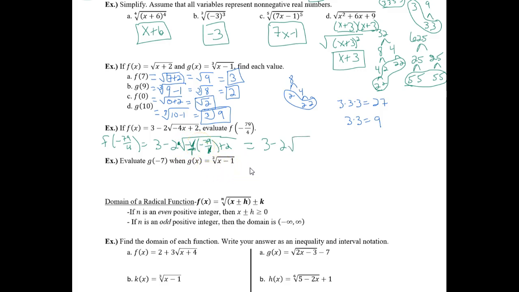So now underneath that square root, I have positive 79 plus 2. 79 plus 2 is 81, which is great because that's a perfect square. What times itself 2 times would give us 81? That is 9. Again, we've said this whole time this is 2 times that quantity, so it's going to be 2 times 9. And I get 2 times 9 is 18, and 3 minus 18 is negative 15.